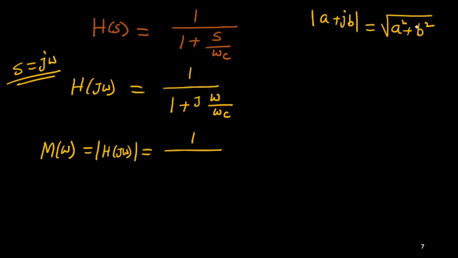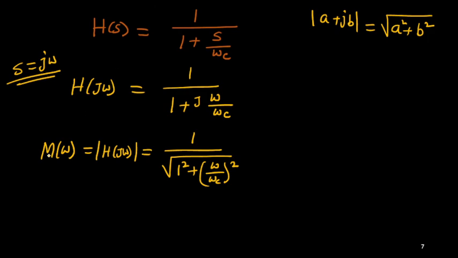Okay. So here the real part is 1. So this magnitude will be, this is 1 square plus this imaginary part is omega upon omega c, that square. Okay. This is the magnitude function M of omega. Can you draw this thing? Can you see how it looks like?